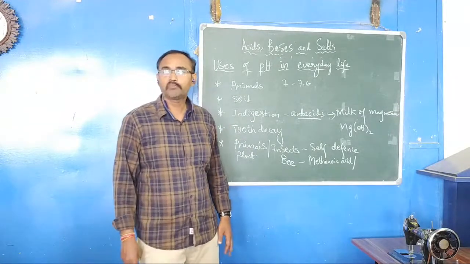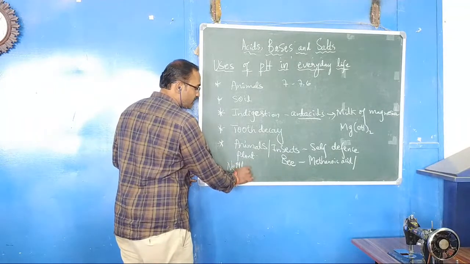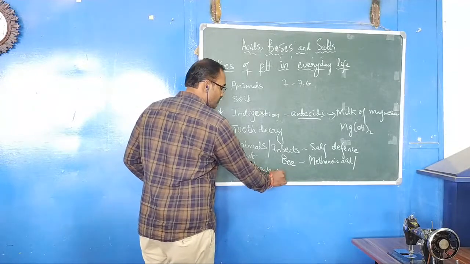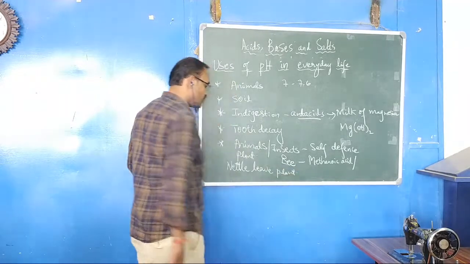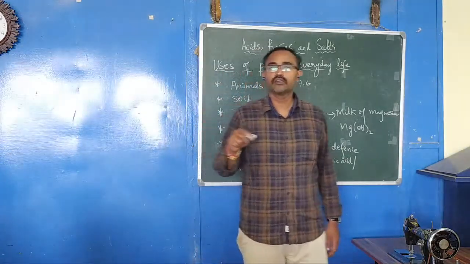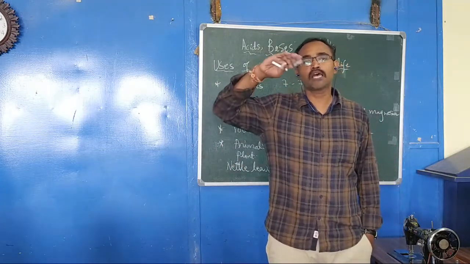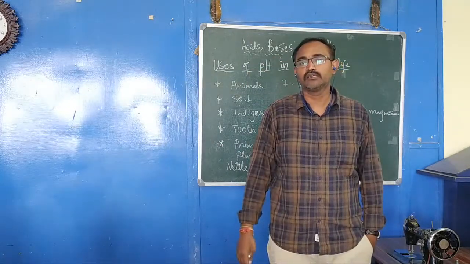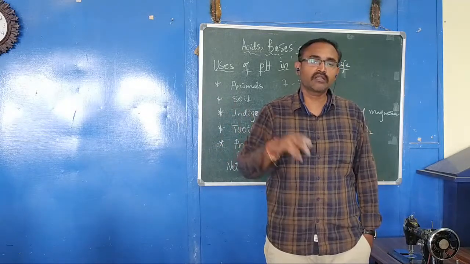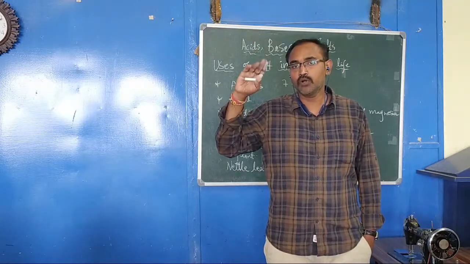There is a plant called nettle sting, the nettle leaf plant. If you watch some old Kannada movies, this nettle leaf is used there. Nowadays it is not shown, but in the olden days' movies it is.